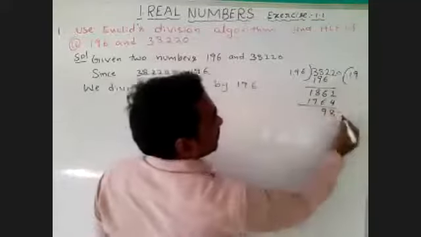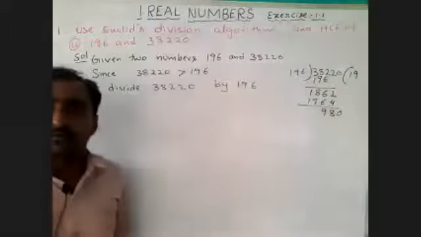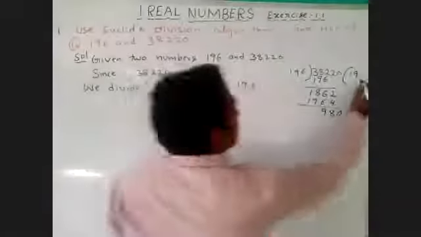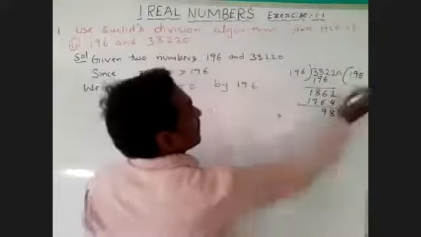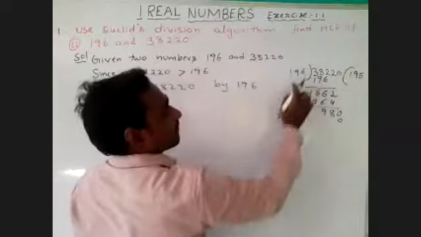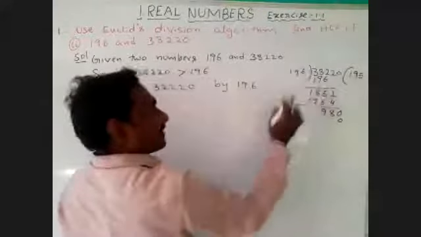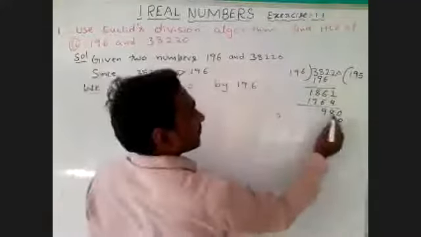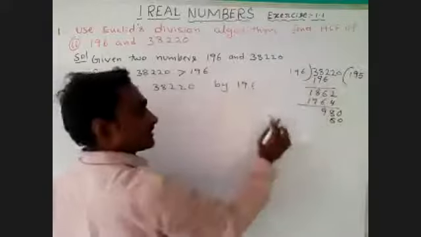So one digit down. Now 5 times. 5 times 6 is 30, 5 times 9 is 45, 45 plus 3 is 48. 5 times 1 is 5, 5 plus 4 is 9.